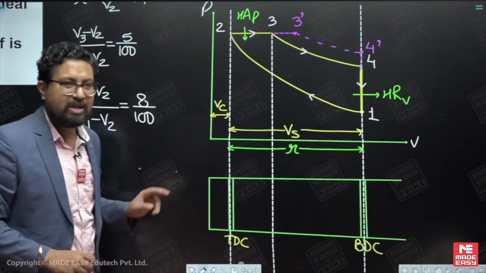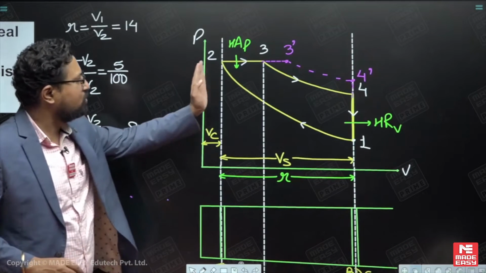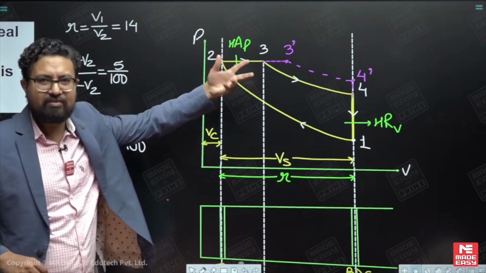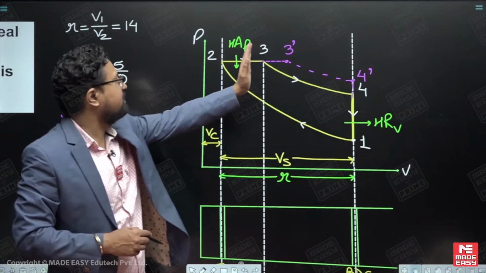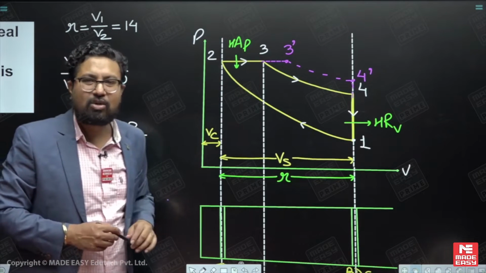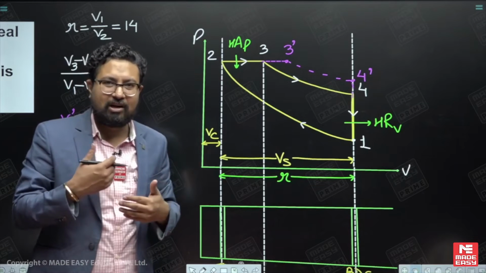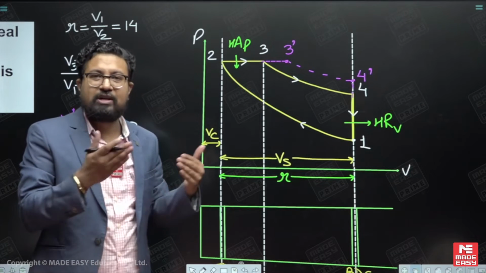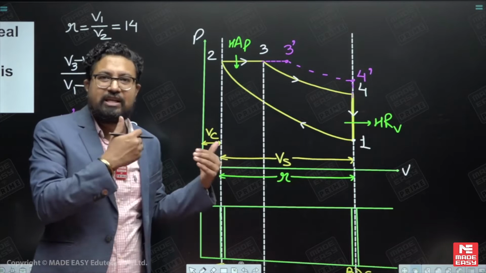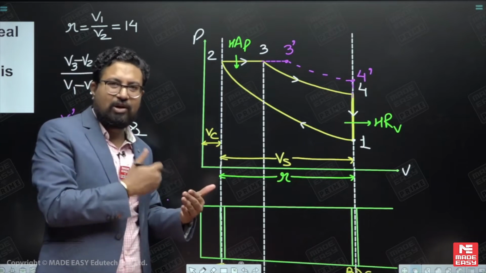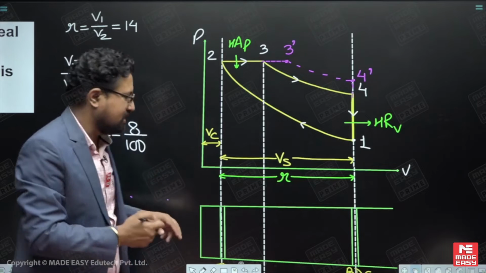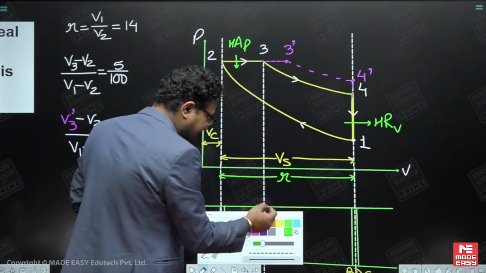Then we have the ratio from 2 to 3, or for the changed cycle from 2 to 3 dash. So the volume ratio V3 upon V2 is called the cutoff ratio, the ratio of the volume where the cutoff takes place and the volume where the fuel injection starts.